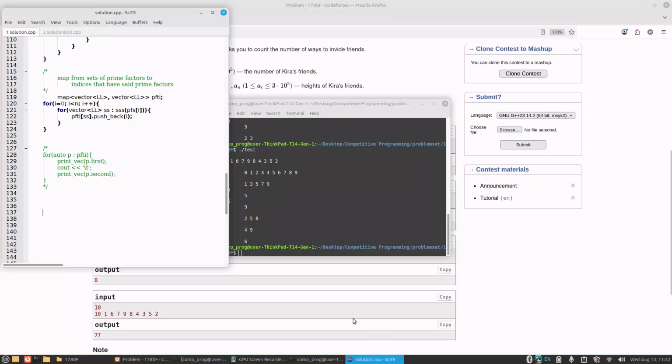So, what do you want to do now? So, you want some type of inclusion-exclusion type thing. It might be faster to go backwards, actually. So start from the second last element.